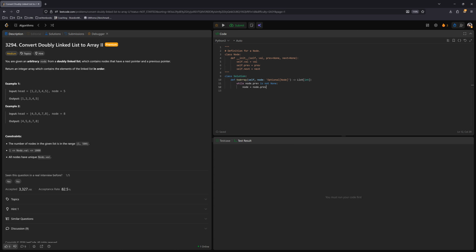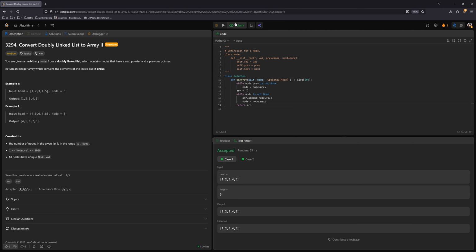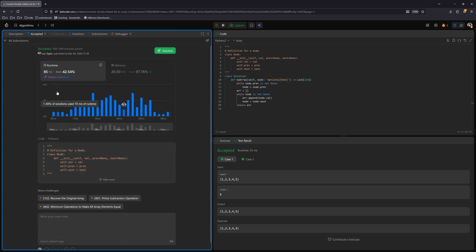Node equals node dot previous. Okay, ARR equals that. And then while node is not none, ARR dot append node dot val and node equals node dot next. Return ARR. Why is it taking a long time? That's kind of weird. All right, that was pretty easy.